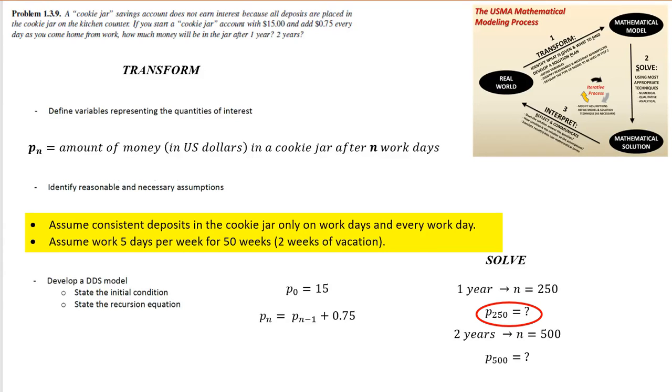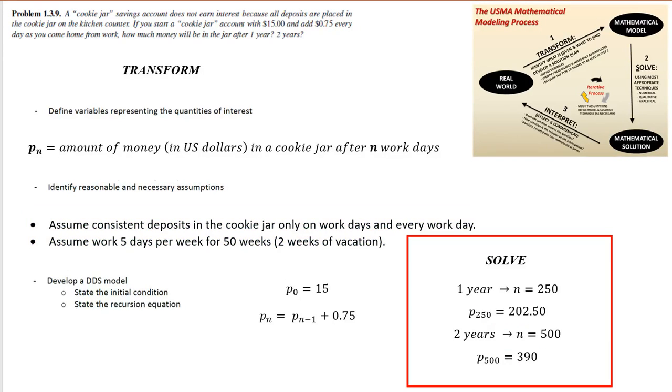Using this assumption, we determined P sub 250 and P sub 500. Our mathematical solution indicated that after 250 workdays, this would equate to 202.5, and after 500 workdays, this would equate to 390.